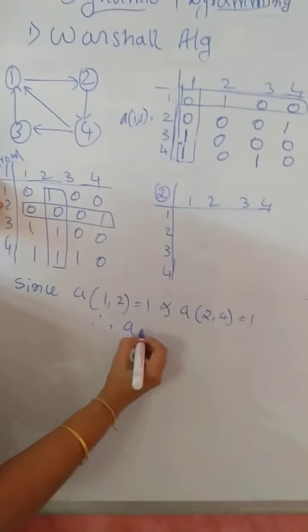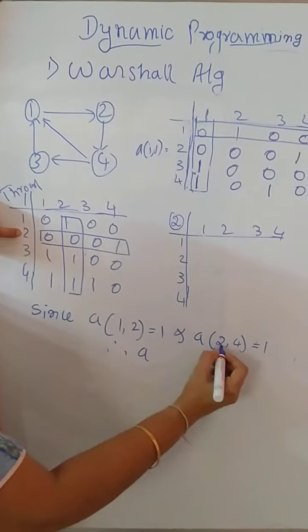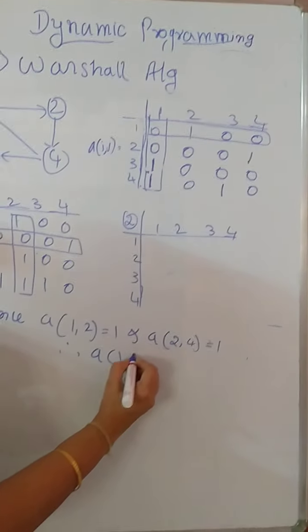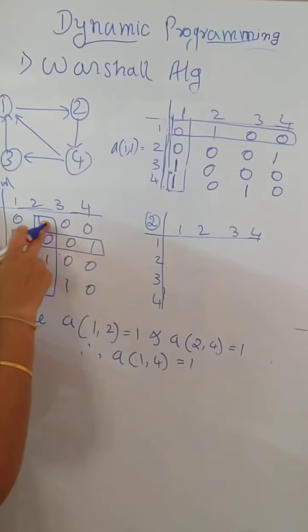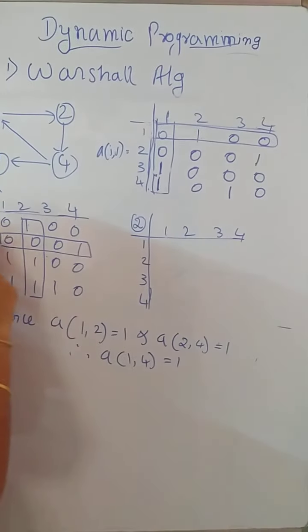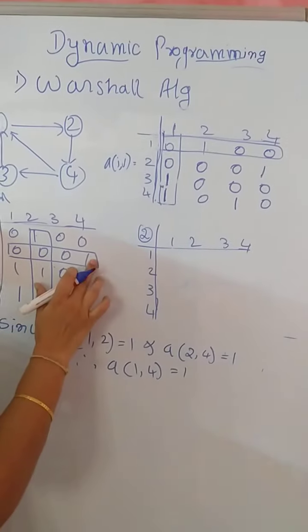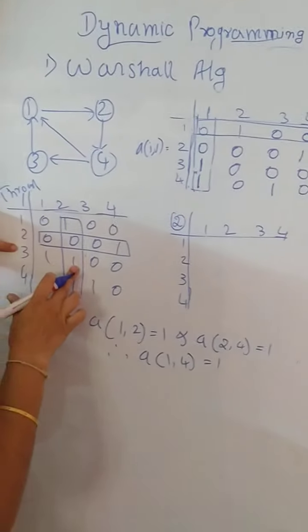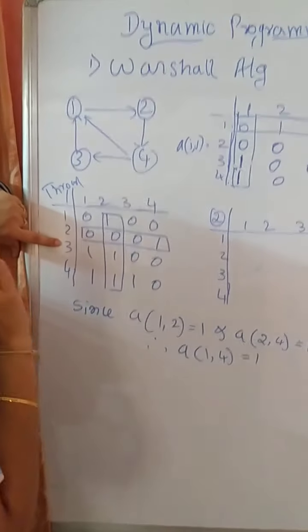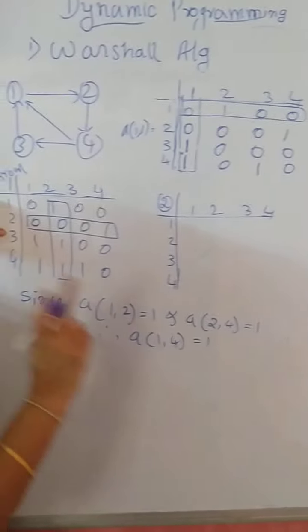Therefore, A of 1 to 2 is equal to 1 and 2 to 4 is equal to 1, so I can write 1 to 4 is equal to 1. No more ones are there in the row. Now take one more one in the same column and repeat column 1 with row 1.